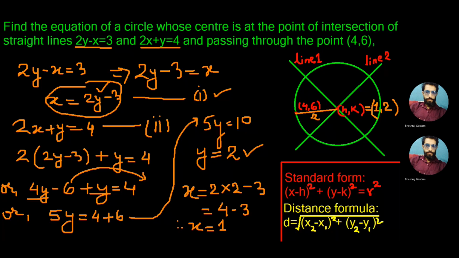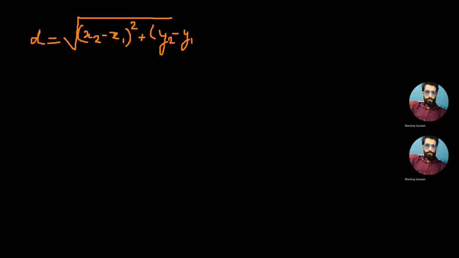So radius can be calculated here using the distance formula. So let's write this on another page. We can continue as d is equal to square root of x2 minus x1 whole square plus y2 minus y1 whole square.